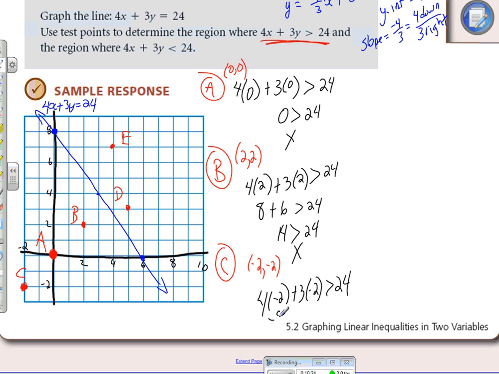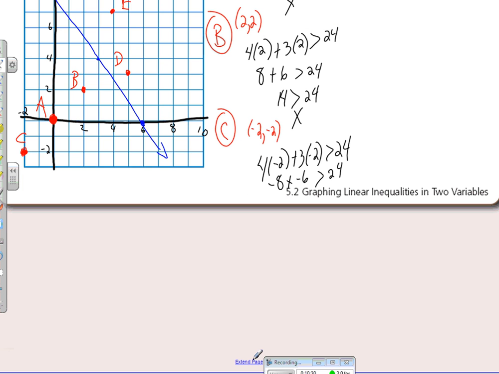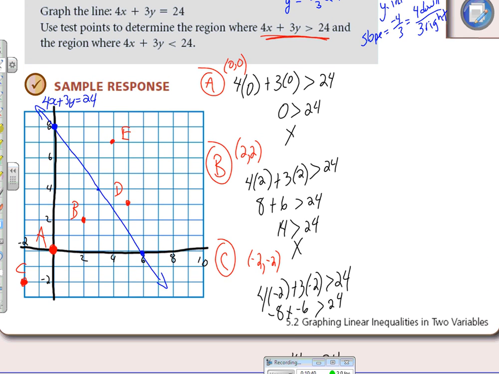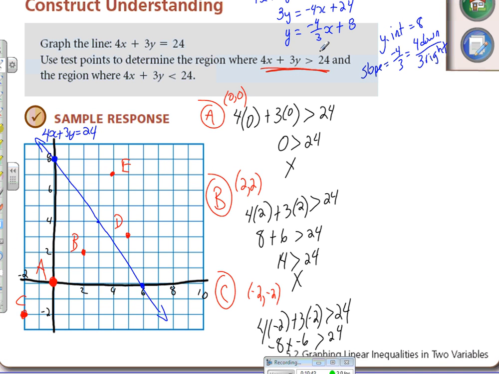That gives me -8 plus a -6. Is that greater than 24? That gives me -14, which again is not greater than 24. So all three of those points did not satisfy this inequality. Let's try D and E and see what we got out of those ones.